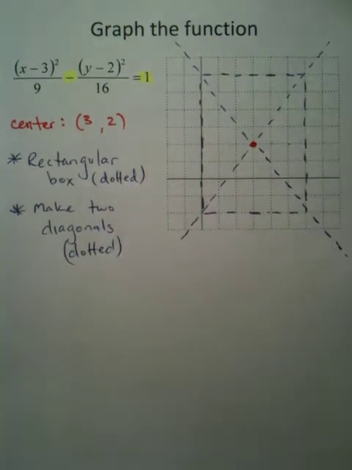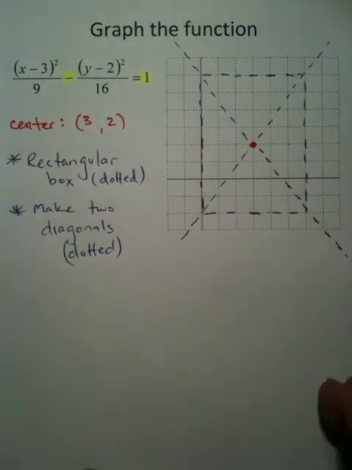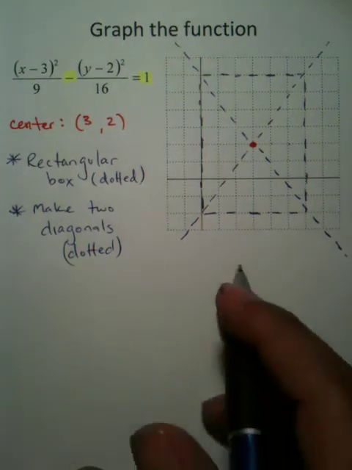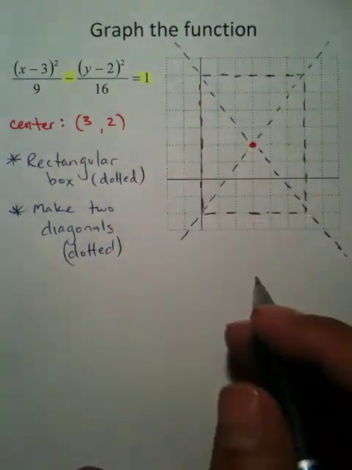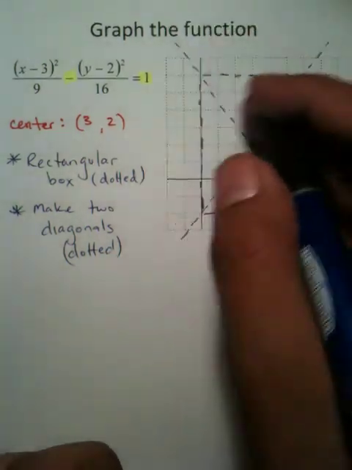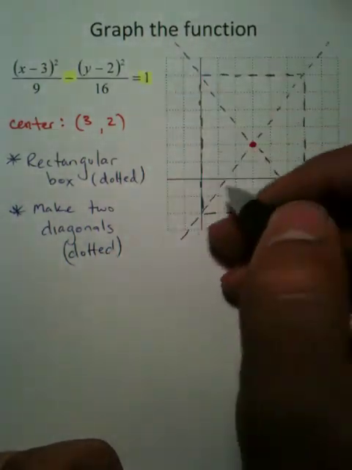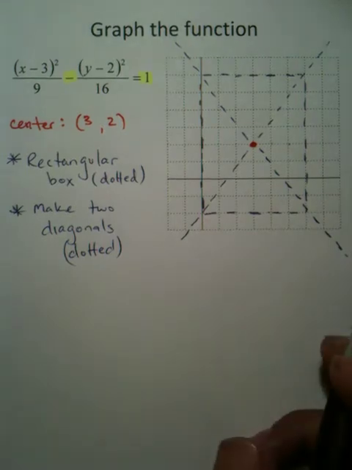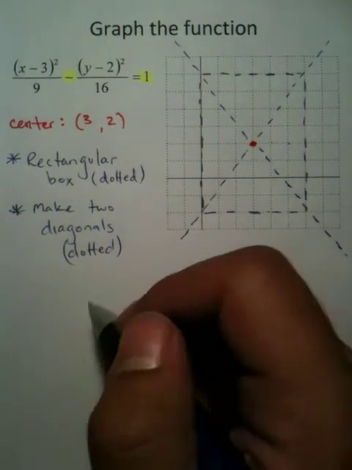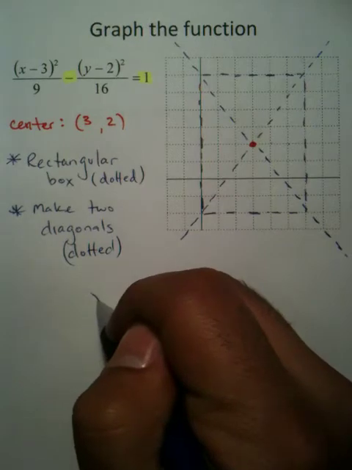Your function is going to be 2 what are called branches. They look like parabolas that you're going to go up and down and make an x, or up and down and make a quantity like this. Now, here's the technique I teach students to remember. There are 2 types of hyperbolas.